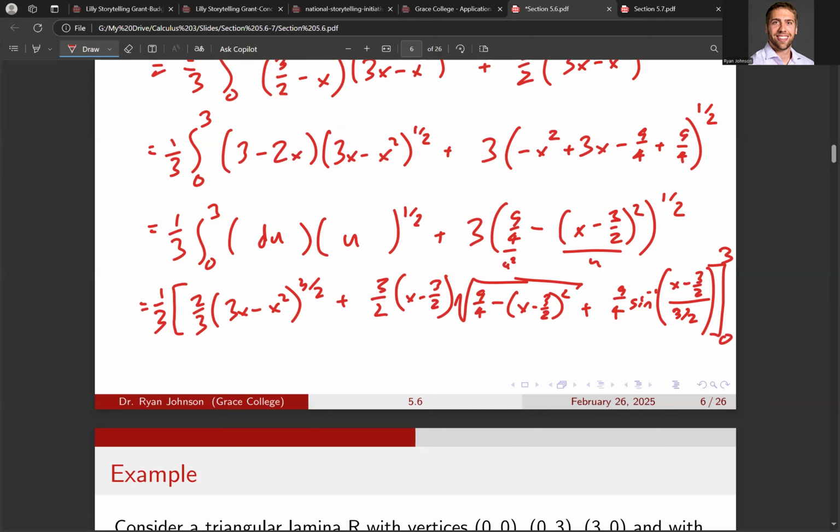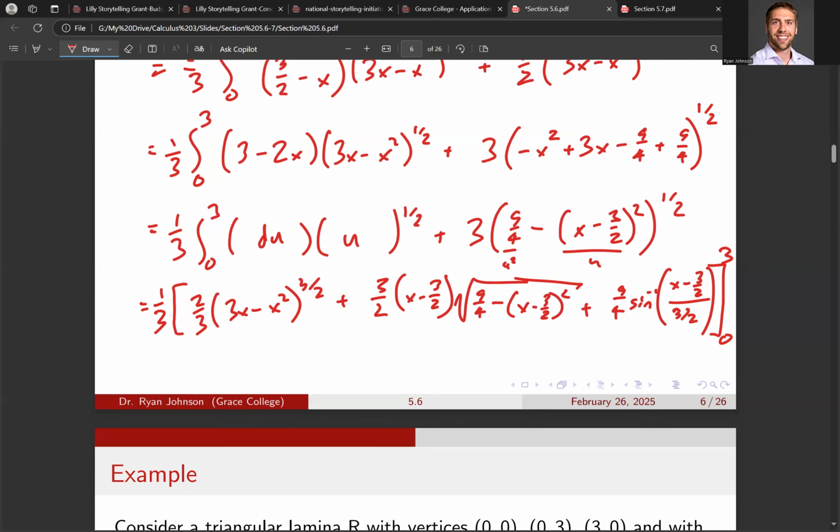But if we plug in 3, the first term is also 0 because we get a 9 minus 9. The middle term is also 0, right? Because 3 minus 3/2 would be 3/2, squared.